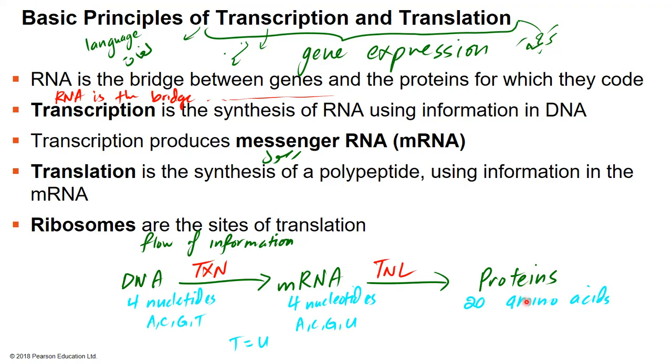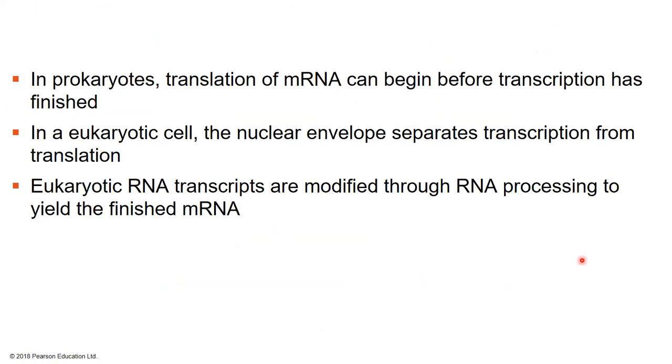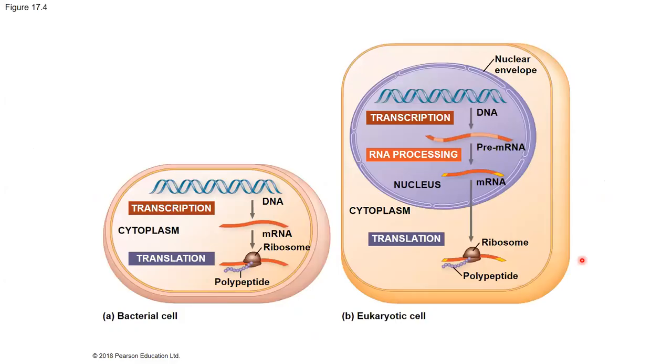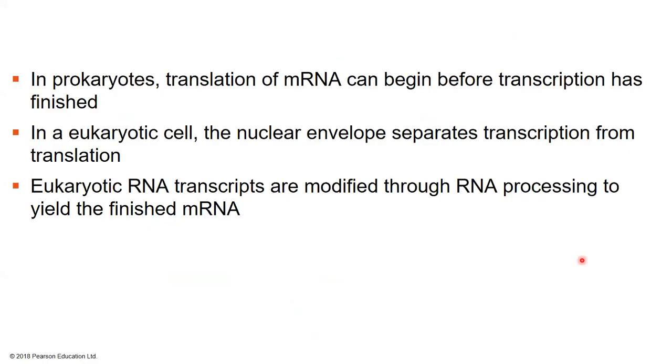Okay. So in the next couple of slides, we will look at the differences in translation and transcription in prokaryotes and eukaryotes. Let me stop here and we will take 5 minutes break.